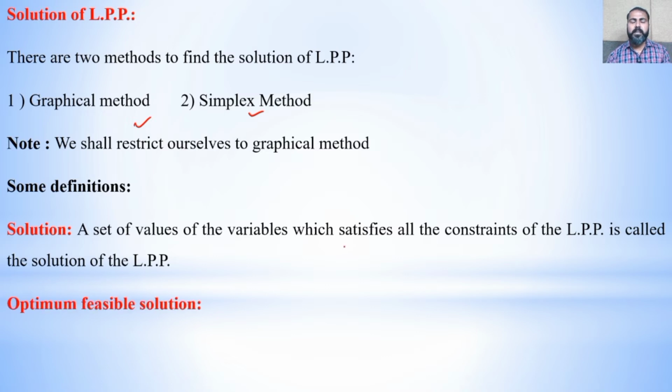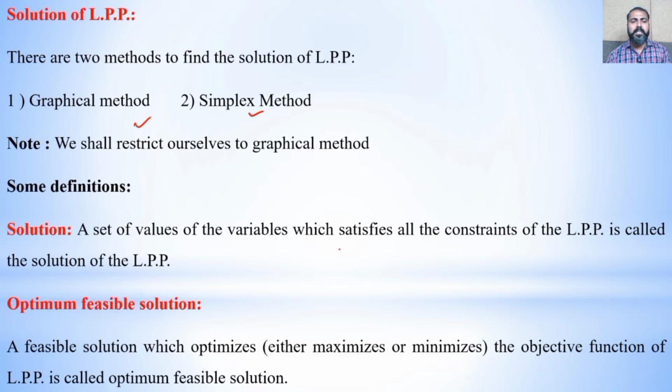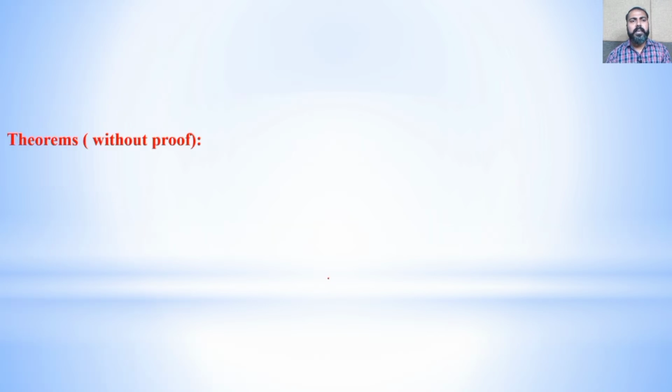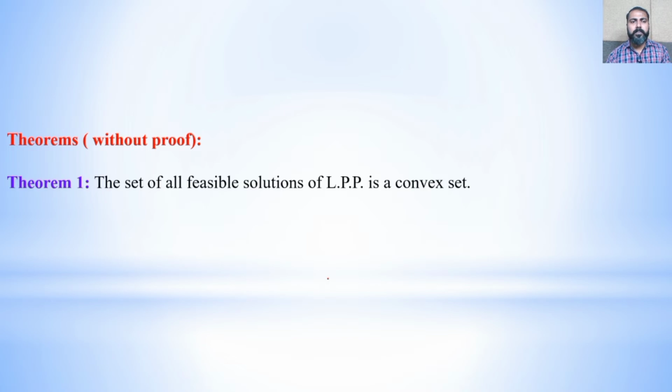Optimum feasible solution: a feasible solution which optimizes, that is either maximizes or minimizes, the objective function of LPP is called optimum feasible solution. Here are two theorems without proof. Theorem first: the set of all feasible solutions of LPP is a convex set.